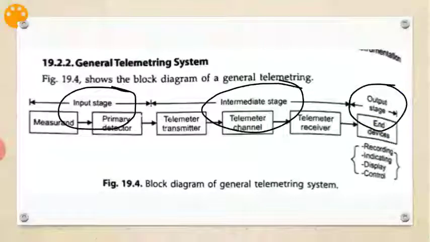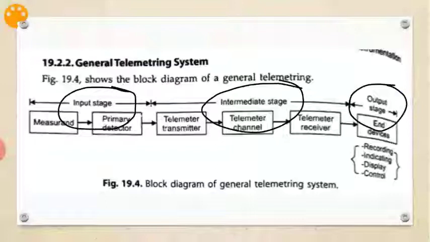In the input stage, the primary stage, the measurement is sensed and detected by the primary detector and sent to the telemetry transmitter.